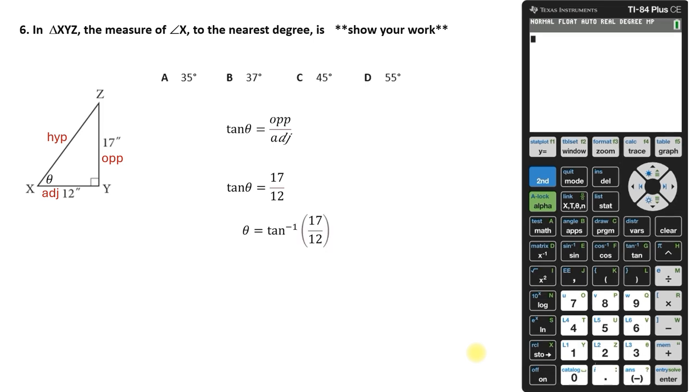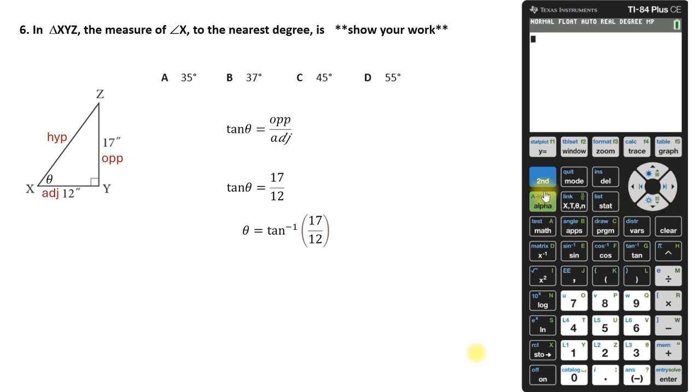At this point, up to now, we take that 17 over 12 and convert it into a decimal, and then find the inverse tan of that. With your calculators, you can save yourself a little step, though.